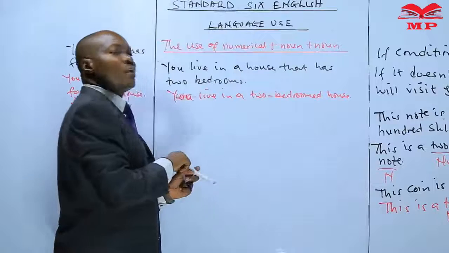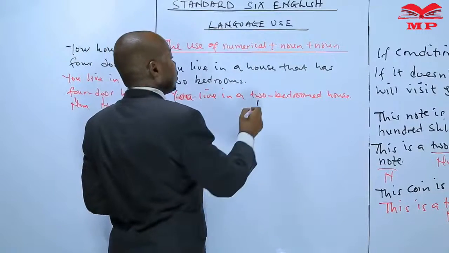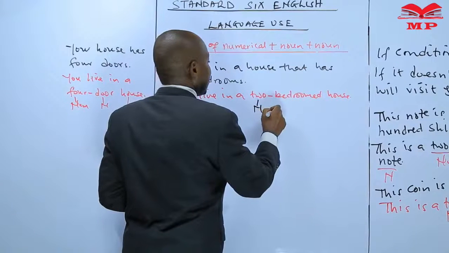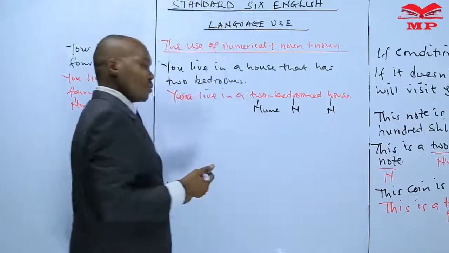You live in a 2-bedroomed house. Again, we have a numerical, we have noun, we have another noun. Okay?